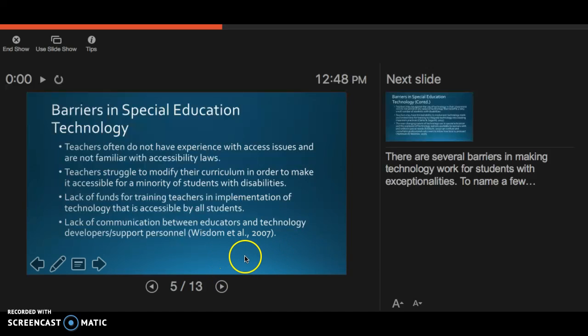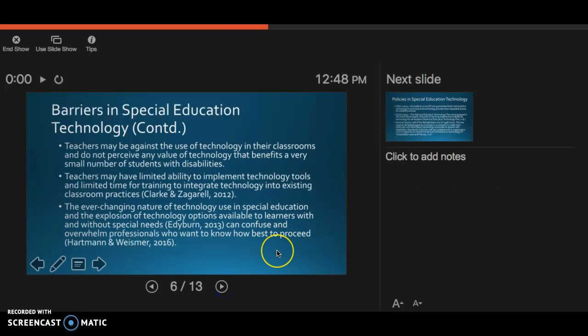Technology doesn't work for students with exceptionalities for inclusive practices. And teachers may be against the use of technology in their classrooms and do not perceive any value of technology that benefits a very small number of students with disabilities. Teachers' attitude towards technology matters a lot in implementing those technology tools.